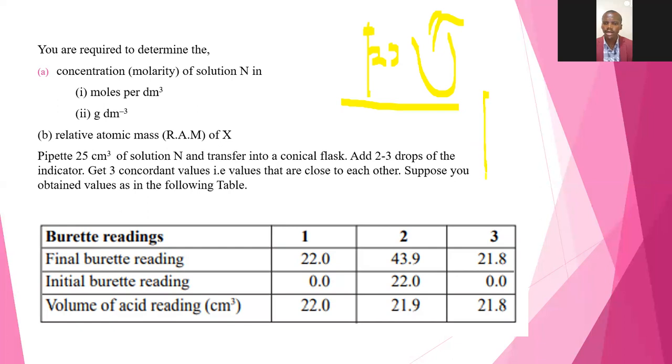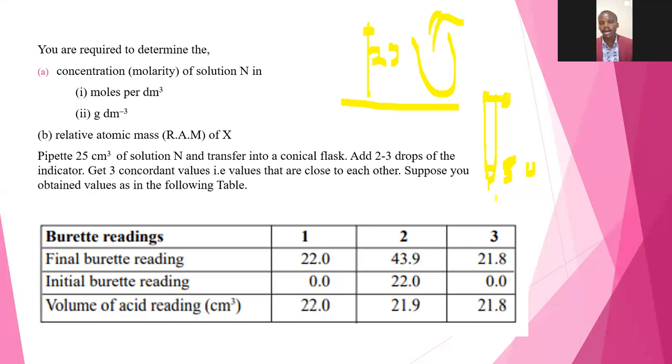This is my burette, for example: here is 50, here is 0, 15. So before I do anything, it is 0.0. Ensure that you fill the table with decimal places. Whether you got 20, make sure it is 20.0. So there, I got that.